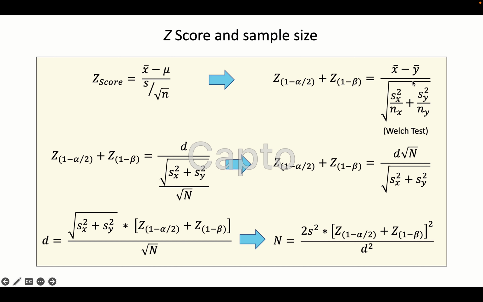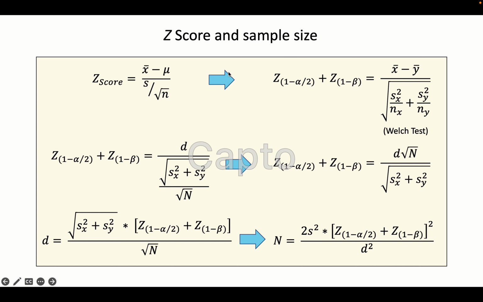This equation is given by the standard deviation of group X divided by the number of observations in that group, plus the standard deviation for group Y divided by the number of observations for that group too, right? What I wanted to show you here is that the intuition behind the calculation of the sample size comes from the Z-score.